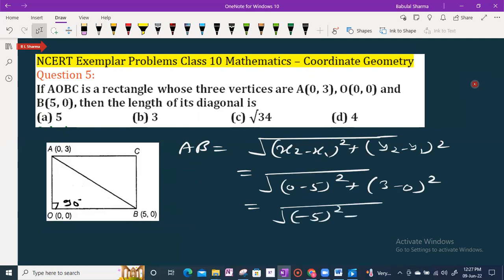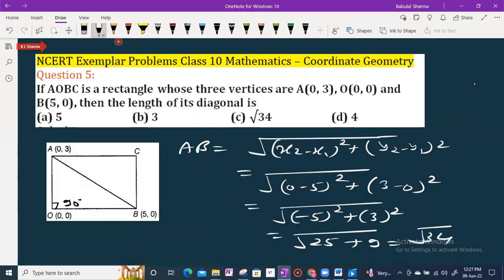Minus 5 whole square is plus 25, 3 whole square is 9, 25 plus 9, that is square root of 34. So the correct answer is root 34.